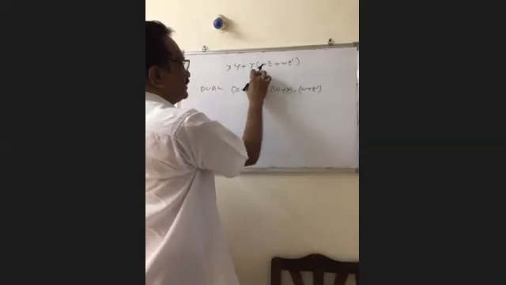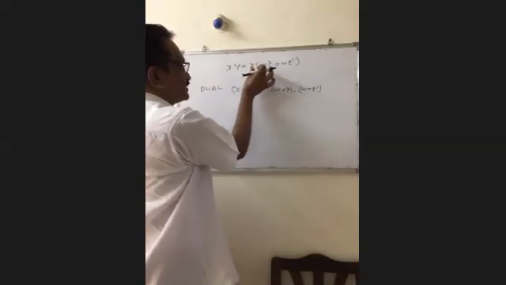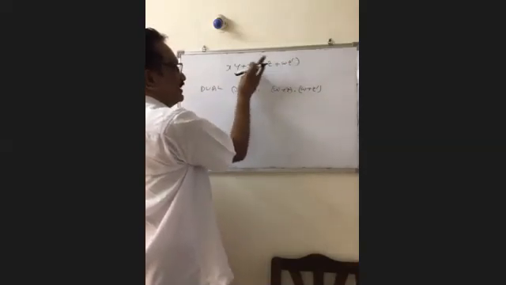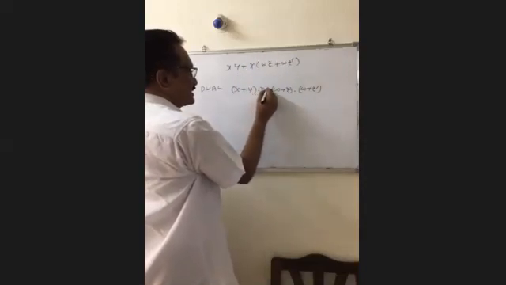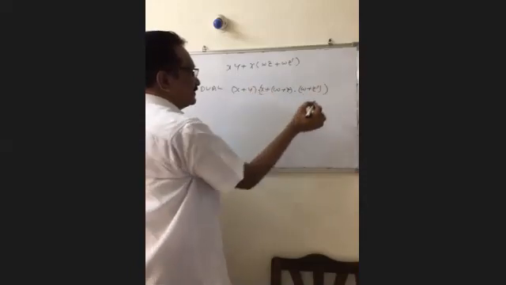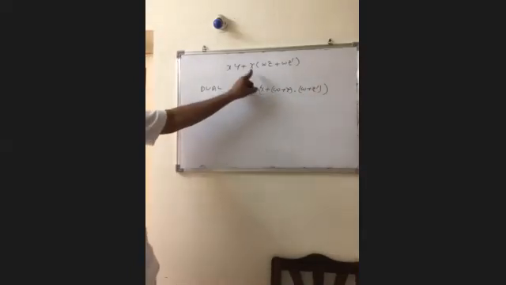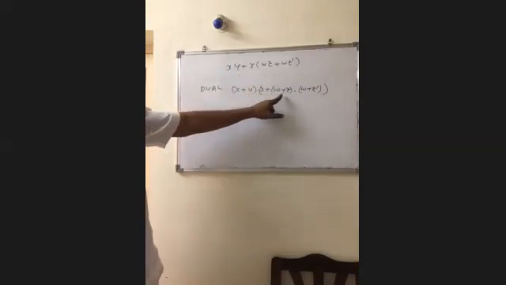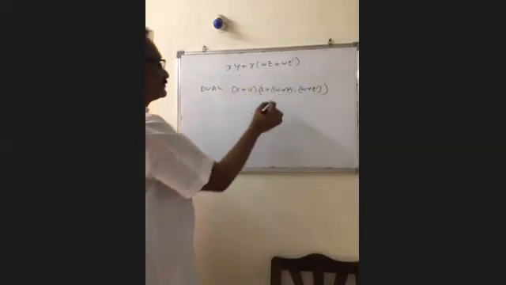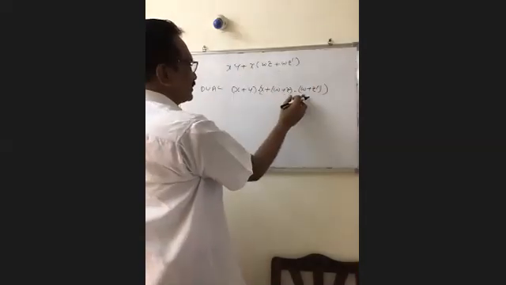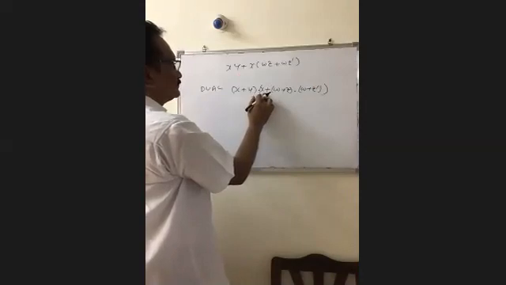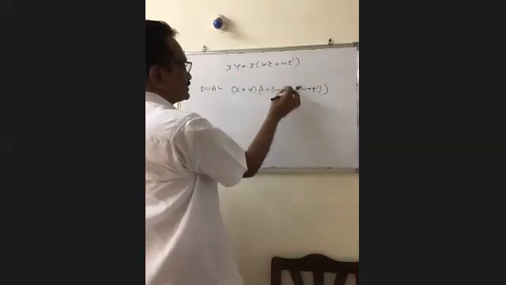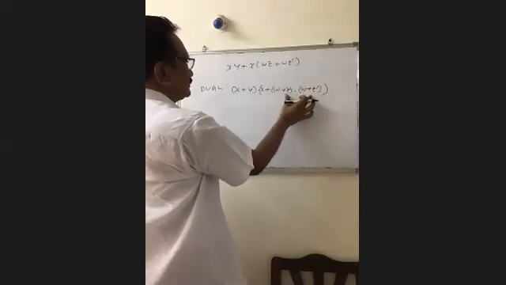Next, there is an AND operation between these two, between this one and this one. So here write x plus, then w plus z, w plus z'.